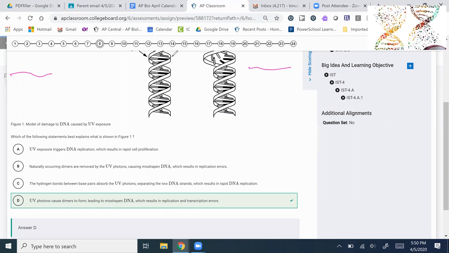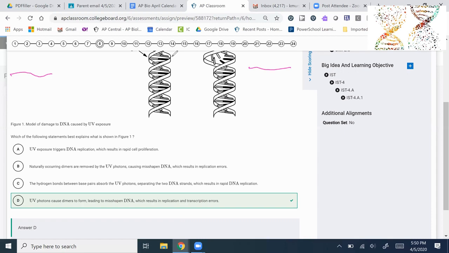No, they don't get removed by photons of light, so that is just incorrect. C, the hydrogen bonds between the base pairs absorb the UV photons, separating the two DNA strands, which results in rapid DNA replication. That is incorrect as well. Those hydrogen bonds are not absorbing UV photons.